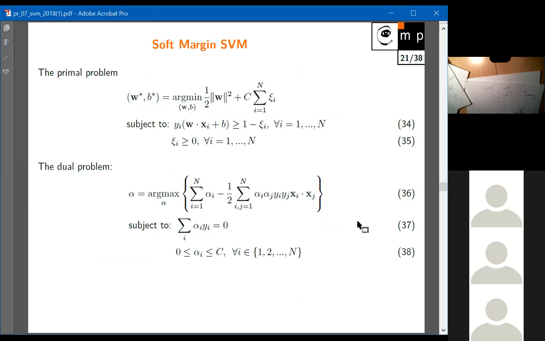And interestingly, the dual looks exactly the same, subject to alpha greater than 0. It has to be positive and smaller than C. So again, if you have a quadratic solver, the solver will do the job for you.